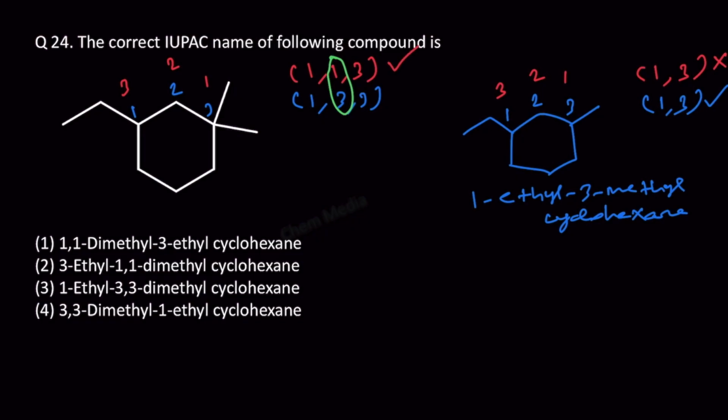That's the correct one, and the one in blue is wrong. Why? Because as per the lowest locant rule, substituents having 1,1,3 is the correct way of numbering, not 1,3,3, because that gives a higher number to the substituents. But still we have to follow alphabetical order, and therefore 3-ethyl 1,1 dimethyl cyclohexane.